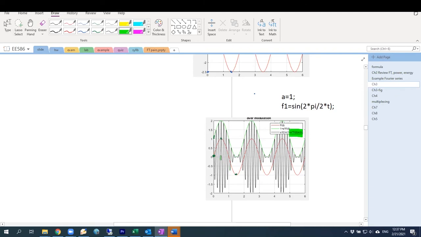If we look at the envelope's positive portion of the modulated signal, you can see it corresponds to the shape of the message signal. So in this case, no overmodulation, but it is at the borderline.